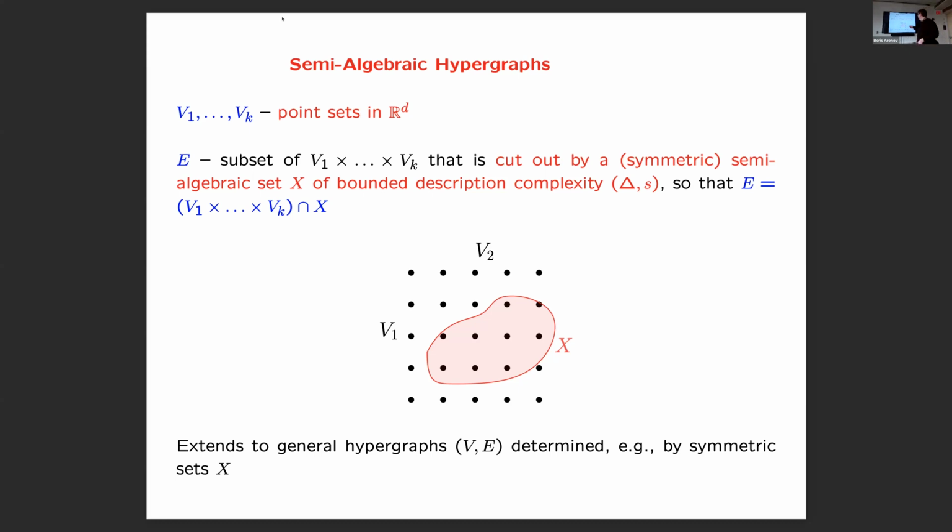You can say that our sets are symmetric, and anything like this, but it's immaterial for all the results. You can actually fix the order as you like. So we are going to talk of general hypergraphs.